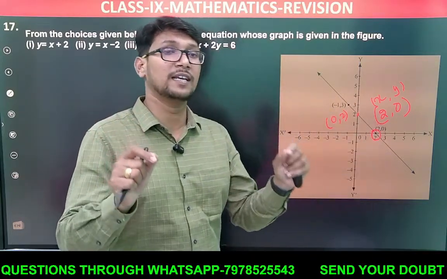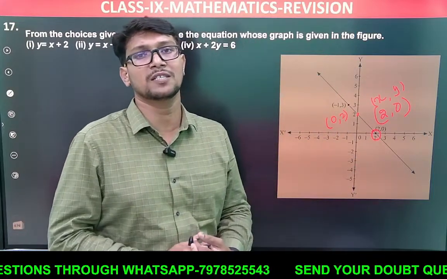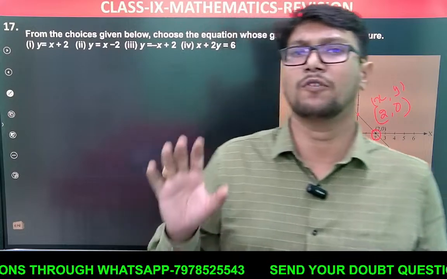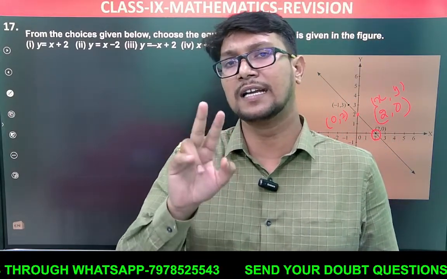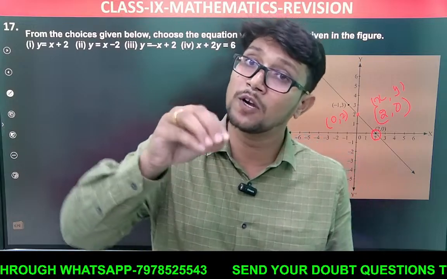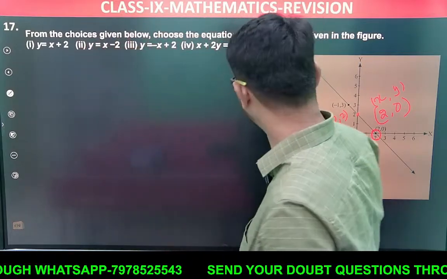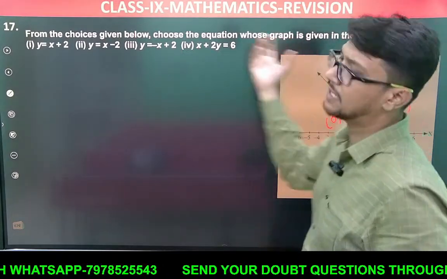So definitely that is the equation of this line. So dear students, for searching an equation for a straight line, we have to see at least 2 points. If at least 2 points on the line satisfy the equation, that means that is the graph of that equation.